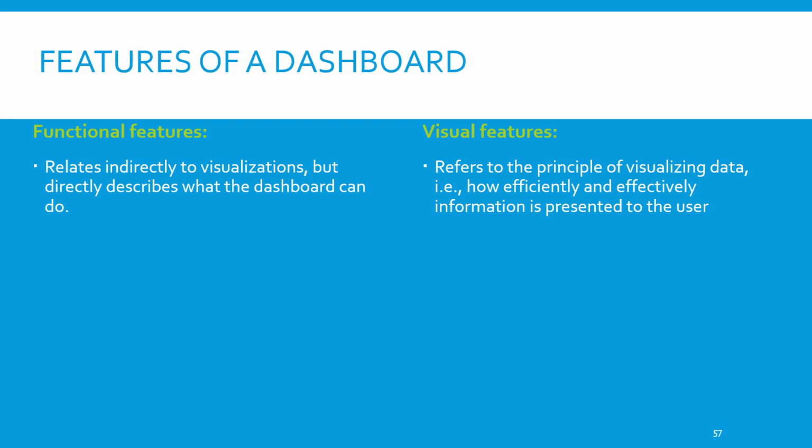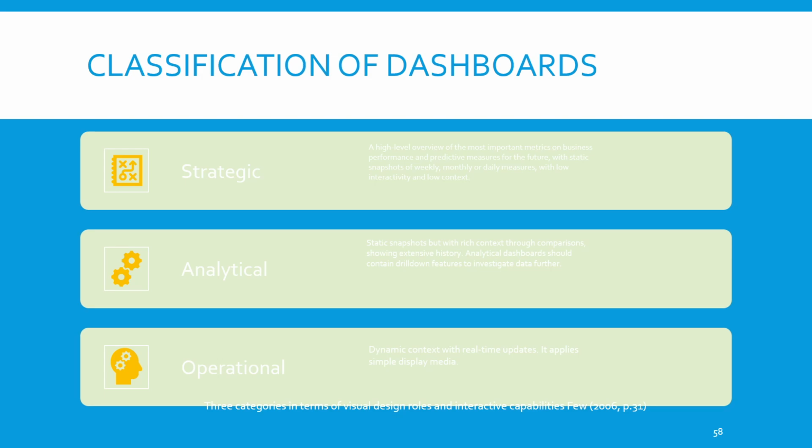A dashboard can have functional features and visual features. Basically, the functional is what it can do regarding transformation and manipulation, regardless of how it is displayed. And the visual features refer to those visualization principles that we have already introduced briefly.